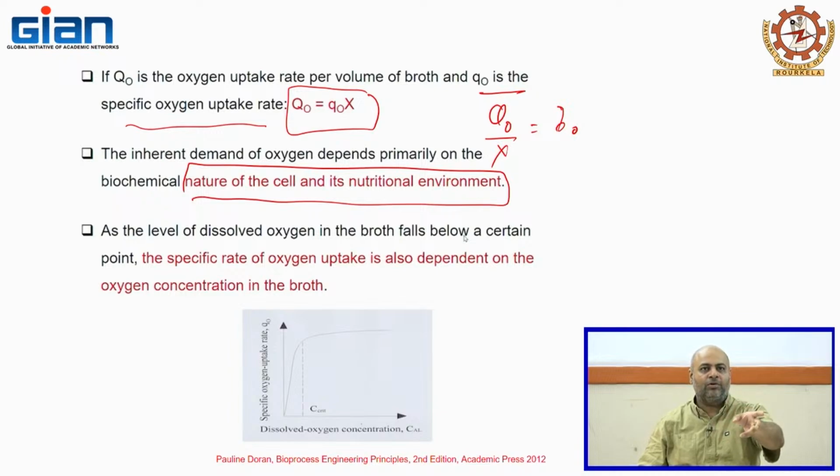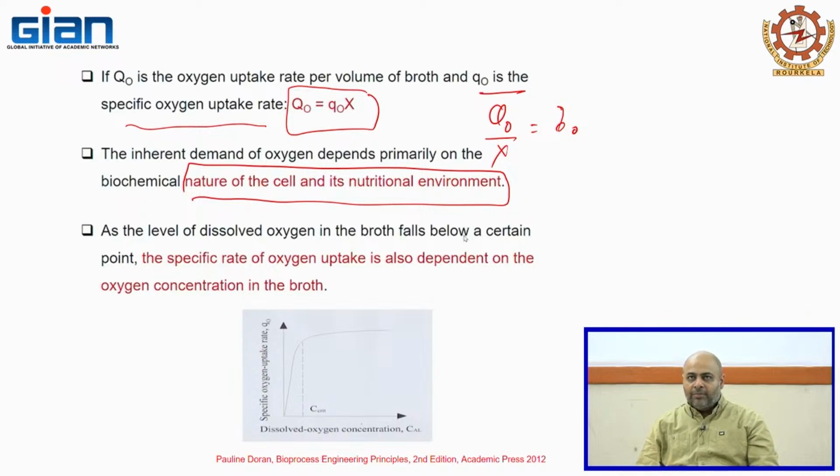It will change the amount of water intake for you depending on the type of food that you're eating, right? Same thing happens with the cells. The cell's biochemical pathway will change, and the amount of water demand or oxygen demand will also change depending upon the type of carbon source that they are working with.